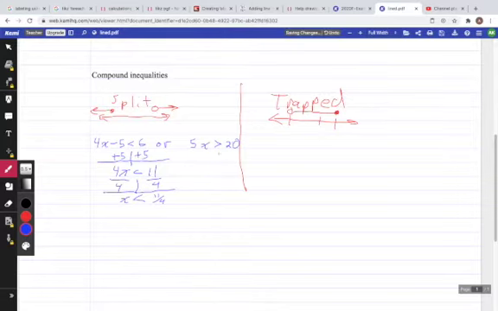On this inequality, we just need to undo the multiplication, and we do that by dividing both sides by 5, and we end up with x is greater than 4. So our solution is x is less than 11/4, or x is greater than 4.